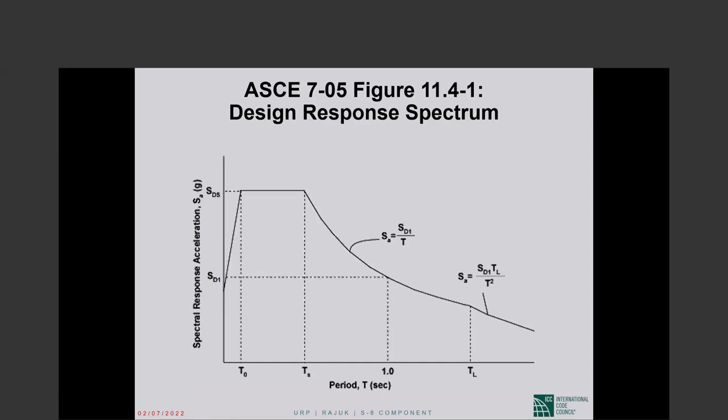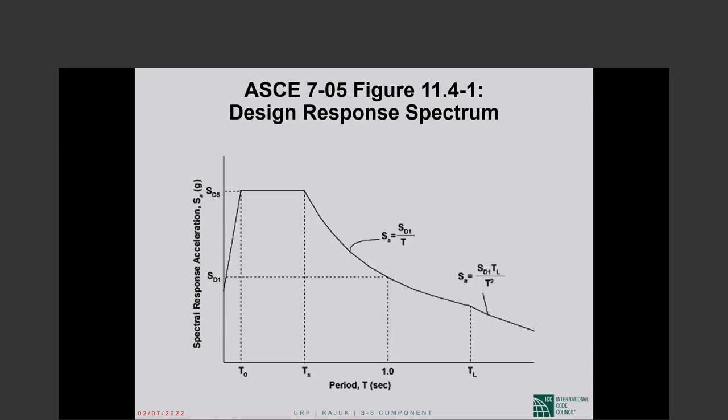The period, in a way, we discussed the last time. The spectral acceleration is really not discussed, except I said it is close to but not exactly equal to the maximum acceleration of elastic single degree of freedom systems. The significance of spectral acceleration is you multiply that by the mass of the structure, you get base shear.